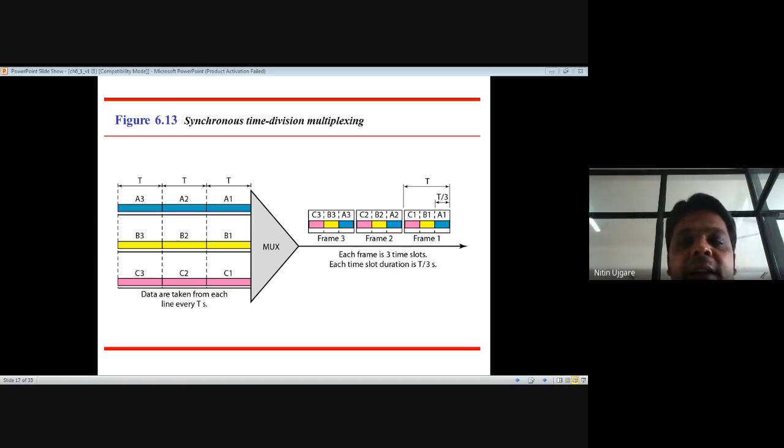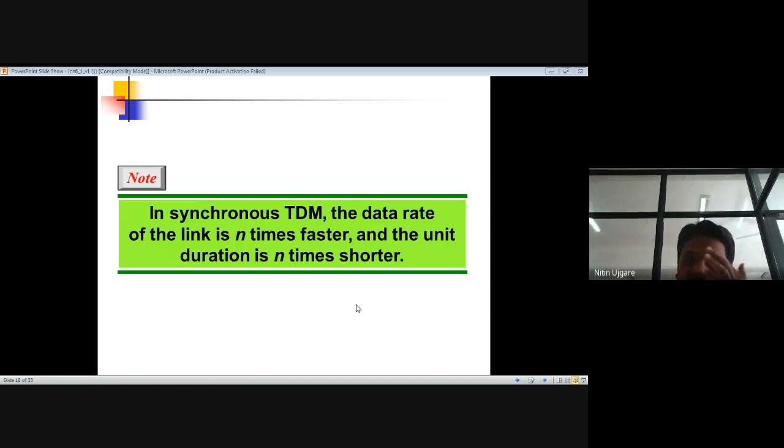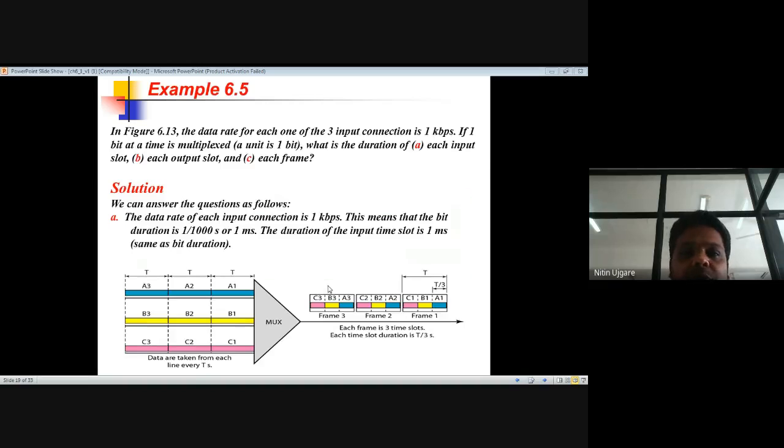Of course, there are some pros and cons of each of these multiplexing techniques. So let's go to the next slide. In synchronous TDM, the data rate of the link is n times faster and the unit duration is n times shorter. So let us try to understand time division multiplexing with this example.